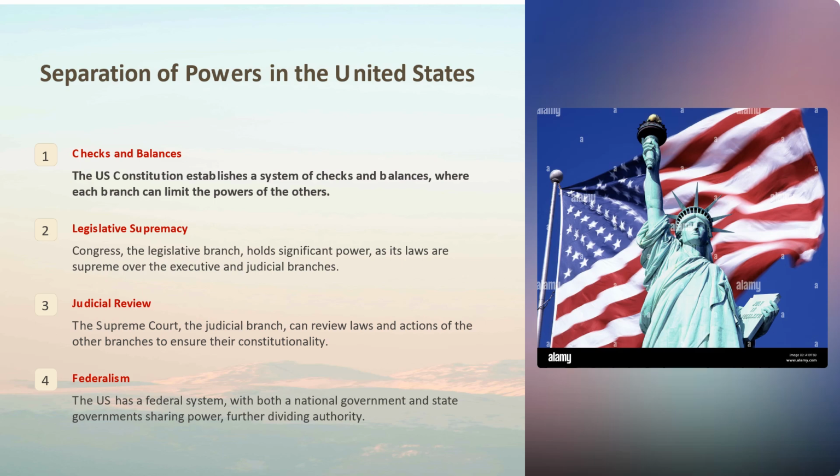Separation of powers in the United States. The United States of America has a system of separation of powers with checks and balances. The legislative branch, Congress, makes laws, can override presidential vetoes, approve or reject judicial appointments.